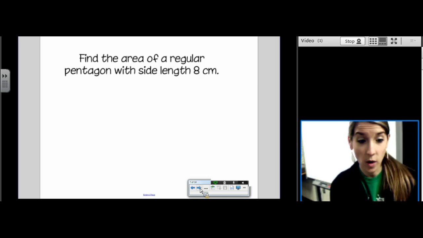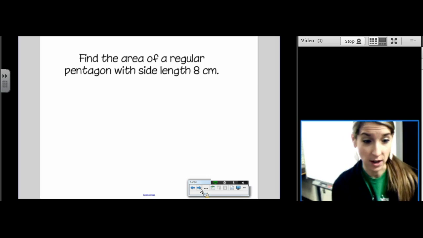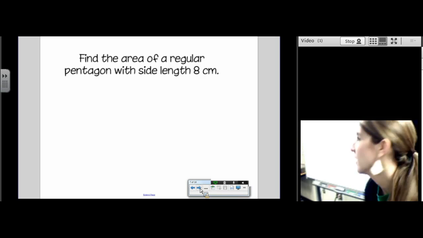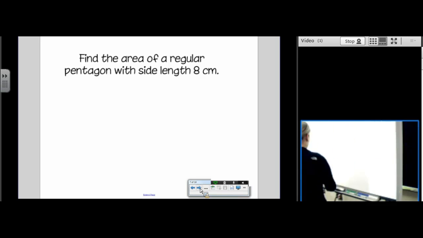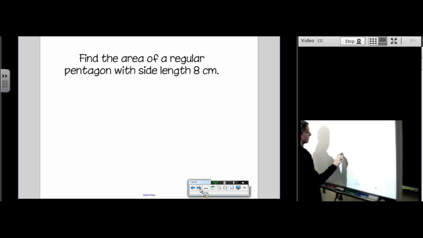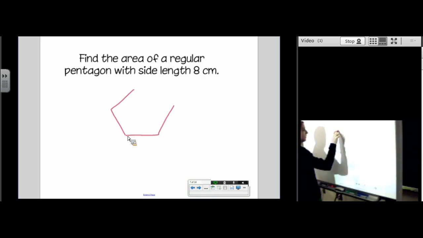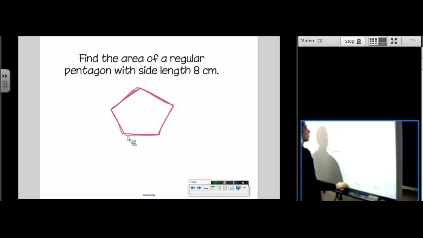We did this in the warm-up, so let's see if you can do it again by yourself. Okay, a regular pentagon. As good as it's going to get for Miss Tanton. Okay, so we know that these sides are 8. And since we already did this in the warm-up, we are lucky.